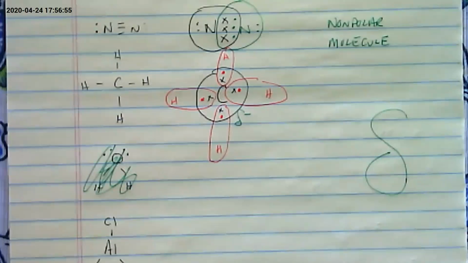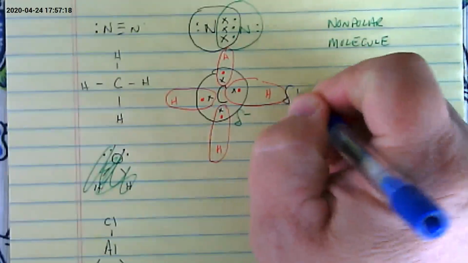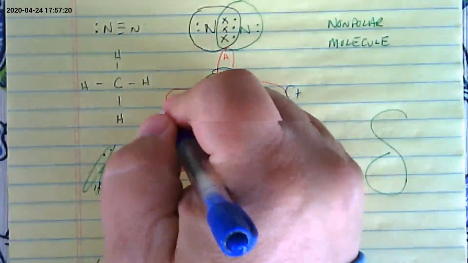I'm not doing it totally correct, but that's as close as we're going to get. That means partial. That's different from being an ion. An ion is when you totally transfer the electrons, so it's a positively charged ion. This is not an ion. This is just an atom where the electrons are closer to it, so it's more negative. Since the electrons are being pulled away from the hydrogen, it is now going to become partially positive.